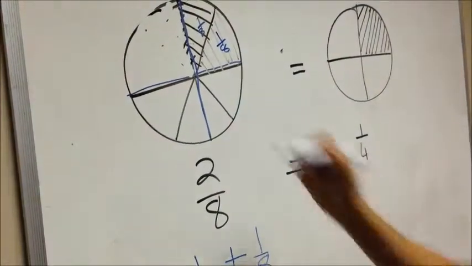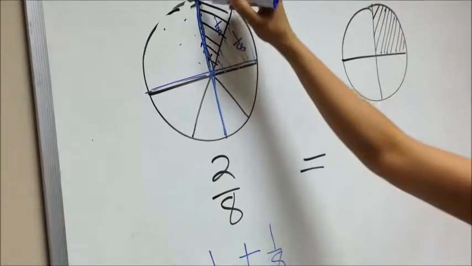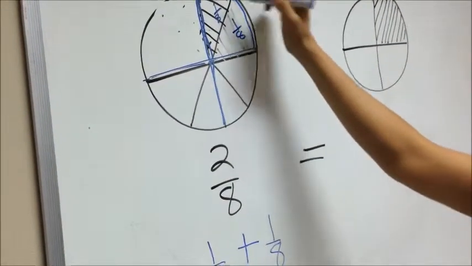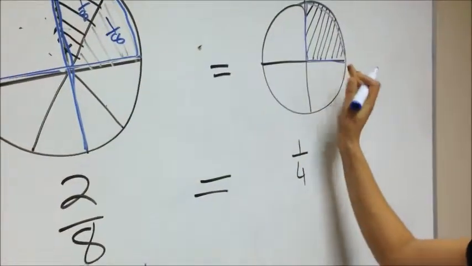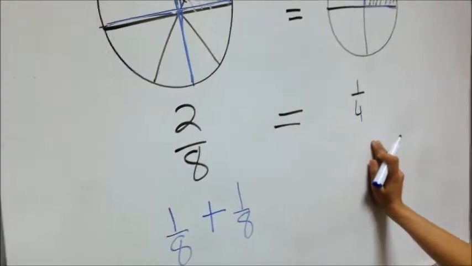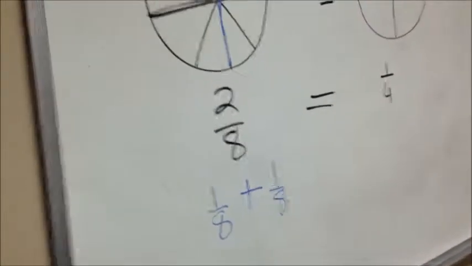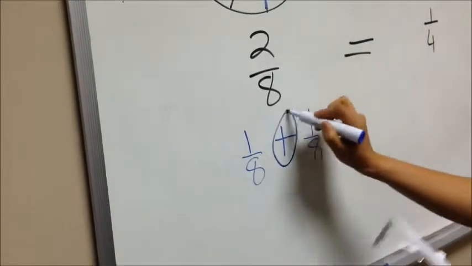So if you just look at the blue marks, this is equivalent to 1/4. Thus, we prove that 2/8 is equivalent to 1/4. What operation do we perform to show that those parts are equal? We perform addition, as you can clearly see.